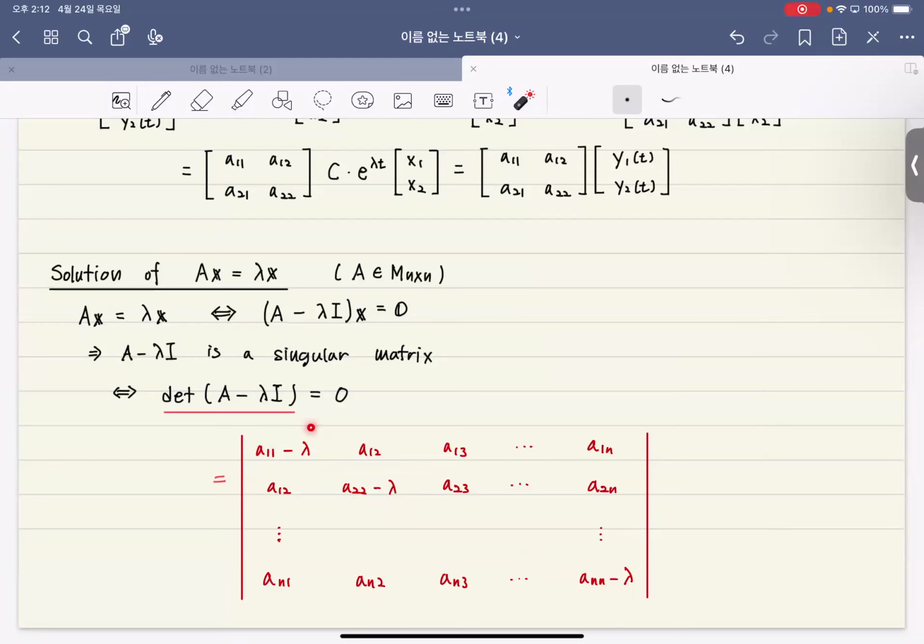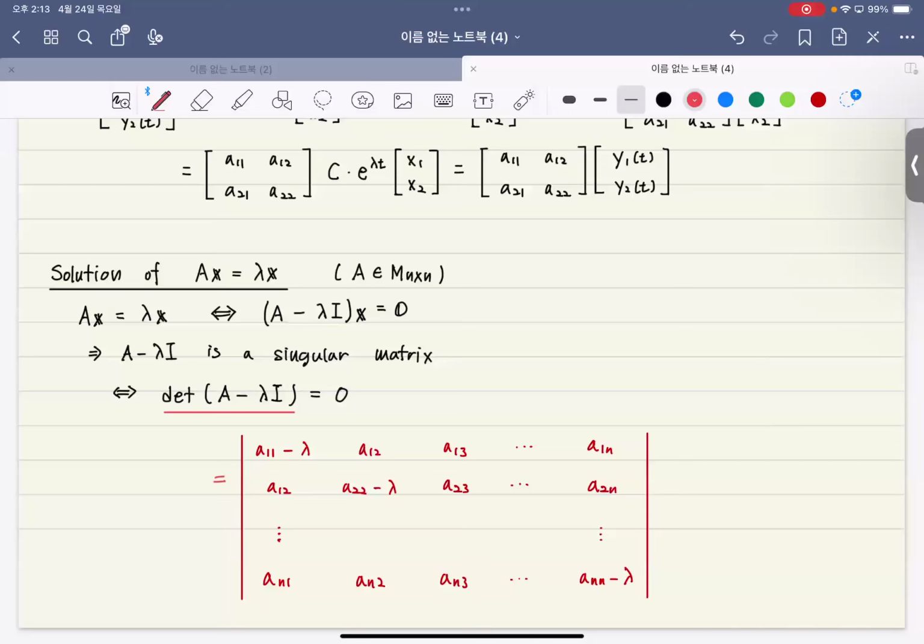If you multiply these, you can find the lambda to the n term. Lambda cannot appear more than n times, so this is a polynomial in lambda with degree n.